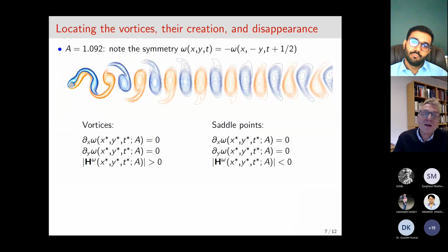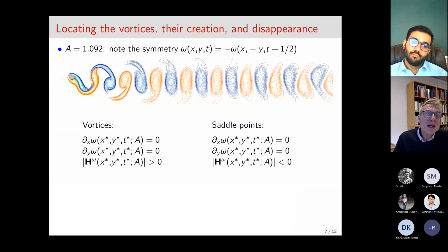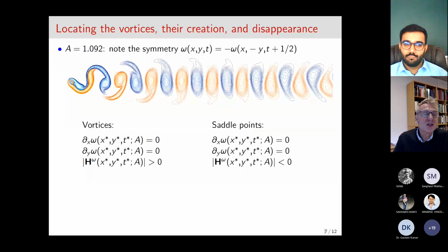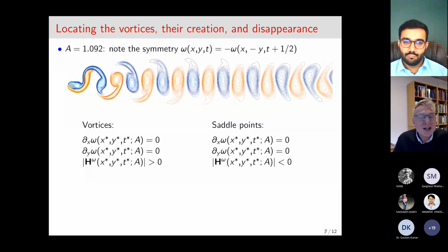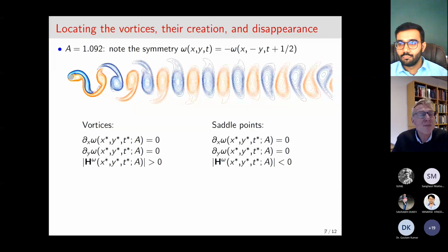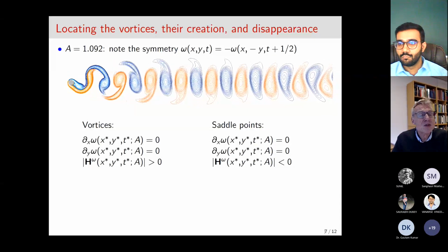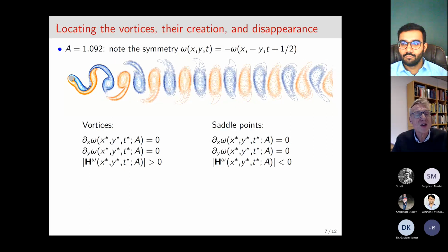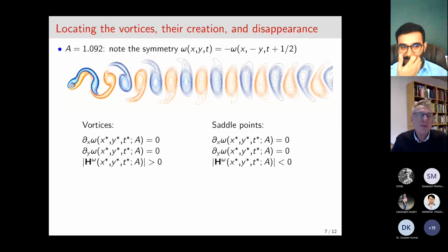And what I want to discuss is how these vortex structures are changing as you change the parameters. And to that end, you would need to define precisely what a vortex is.